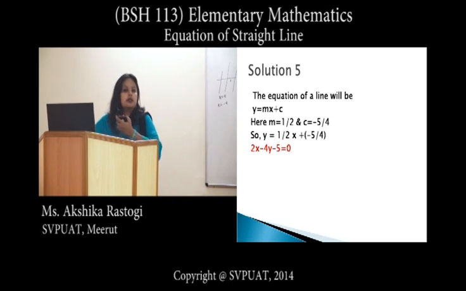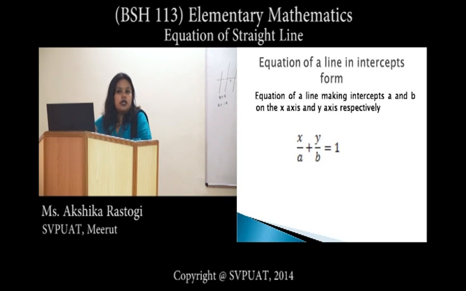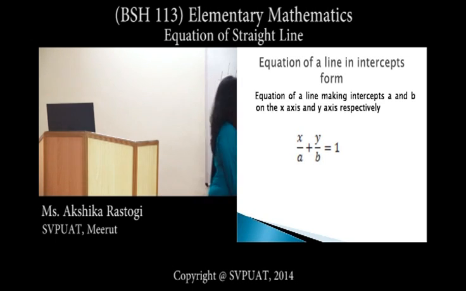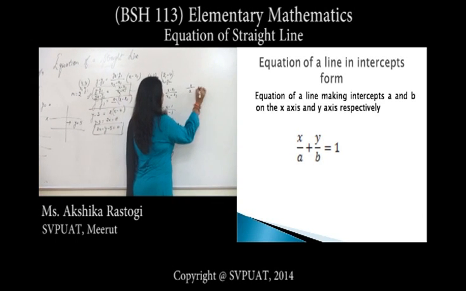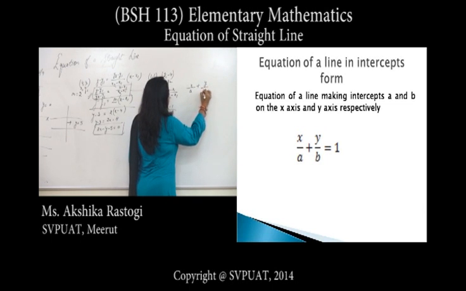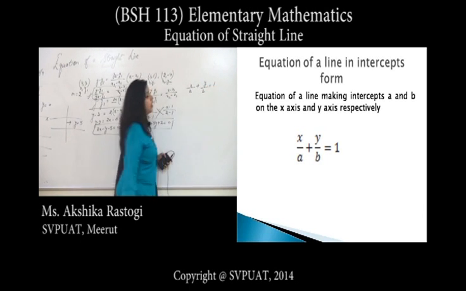Then our next condition is when the line is intercepting on both the axes. It is intercepting on the x-axis also and on the y-axis also. Then the standard equation for this is x upon a plus y upon b equals 1.